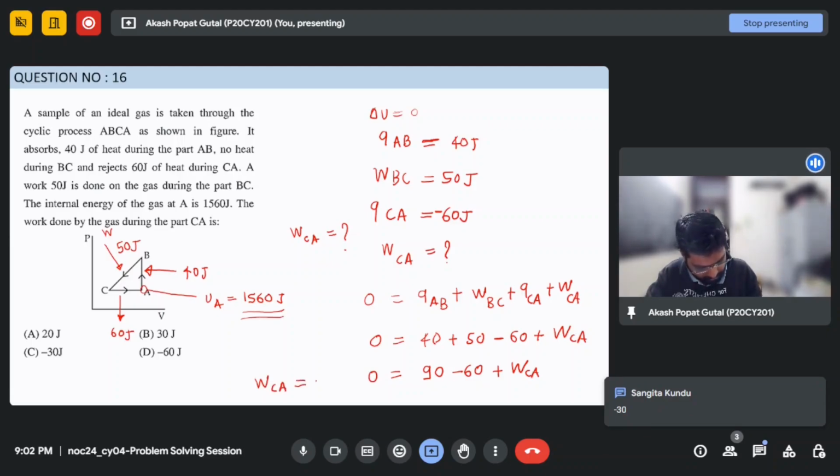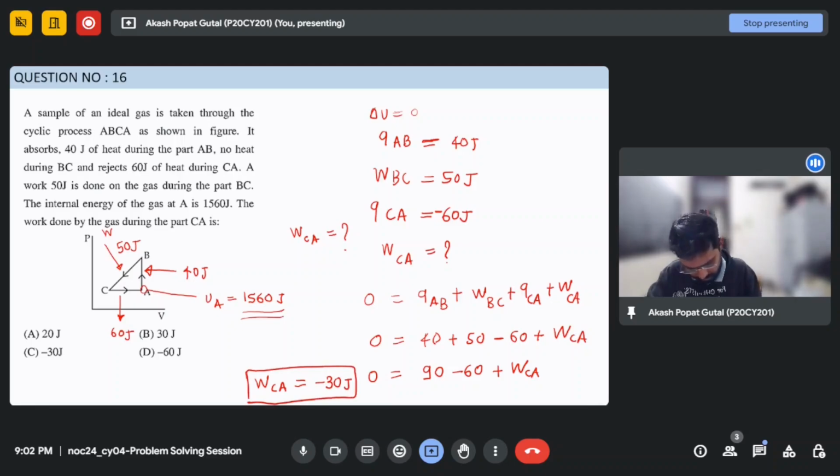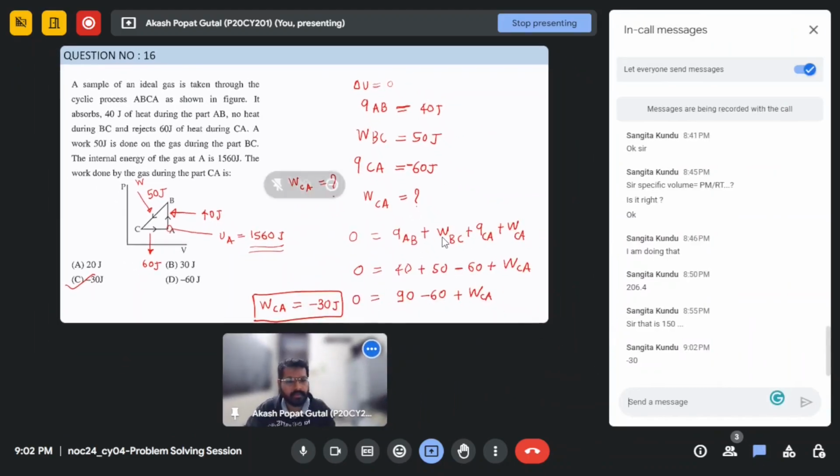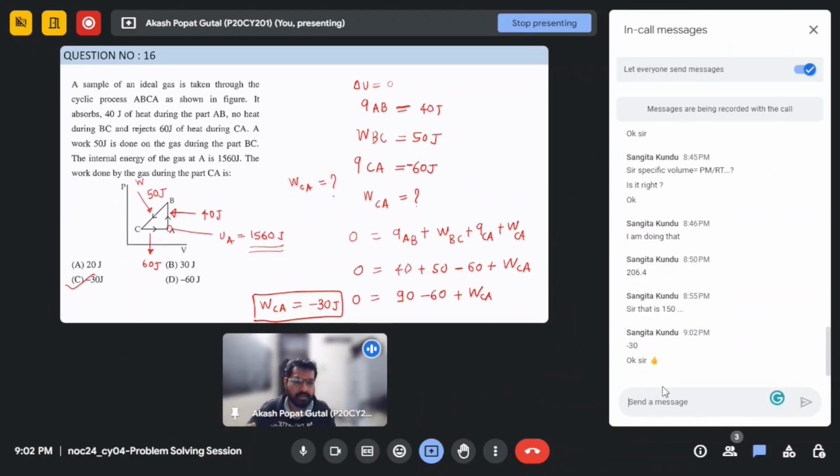If 30 goes to that side, that's minus 30 joule. And the answer is minus 30 joule, option C. Fine. Yeah, right, Sangeeta is right. Minus 30 joule is the answer.